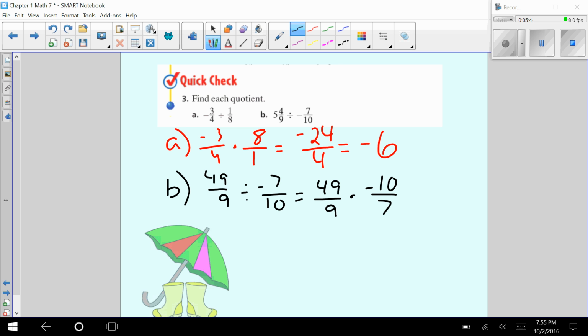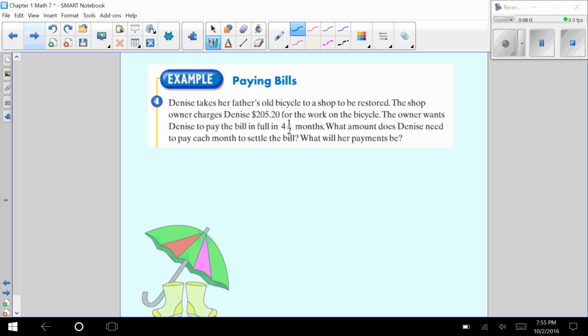I know that 7 goes into 49, so I'm going to cross cancel. Divide both of these by 7, and I get 7 and a 1. 7 times negative 10 is negative 70. 9 times 1 is 9. My answer is negative 70 over 9.